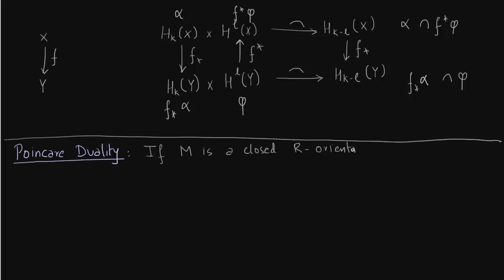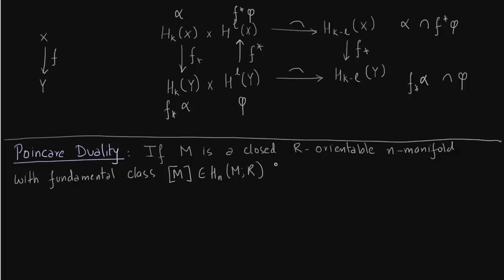Obviously it has to be an R-orientable manifold, only then can we define a fundamental class. So you start with a closed R-orientable manifold, and in that case you have the fundamental class, which we know how we constructed for an orientable manifold. We took local orientations and glued them together via balls, and then glued these balls together to obtain the manifold. So it is an element of this homology group.